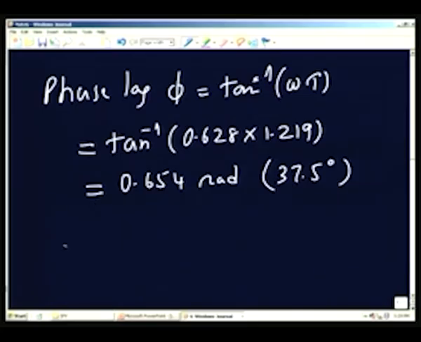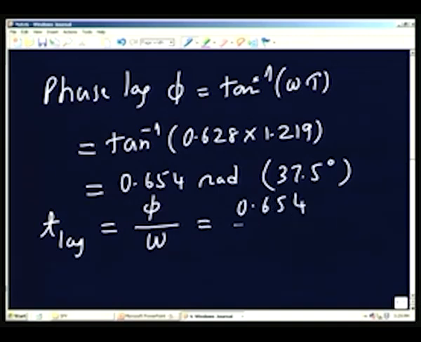And as I indicated earlier, the time lag is nothing but phase lag divided by omega. So, that will be 0.654, and you should remember that we have to use the phase lag in radians, not in degrees, for the calculation of the lag in time. This will be divided by 0.628.